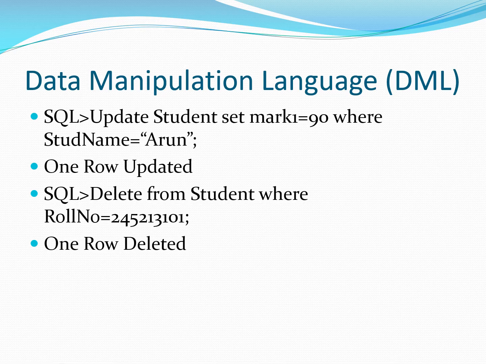So when we see in the previous table, the mark 1 for Arun is 60. Now it is being updated as 90. So if you want to delete a row or a record, we give it as delete from student where roll number equal to or name equal to or any other field we can specify. So that record will be deleted.